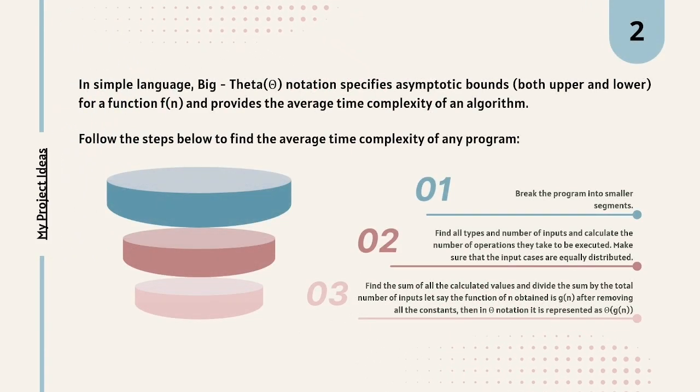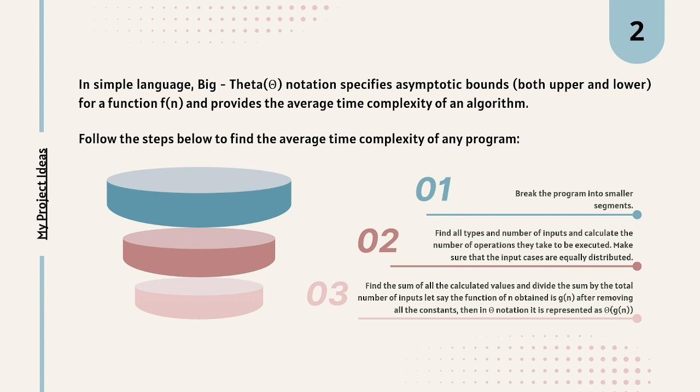In simple language, big theta denotes asymptotic bounds, both upper and lower, for a function f of n, and it provides the average time complexity of an algorithm, because it puts bounds on both the upper and lower levels of a function.